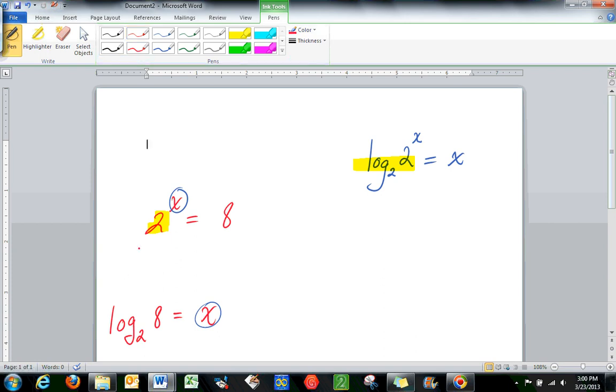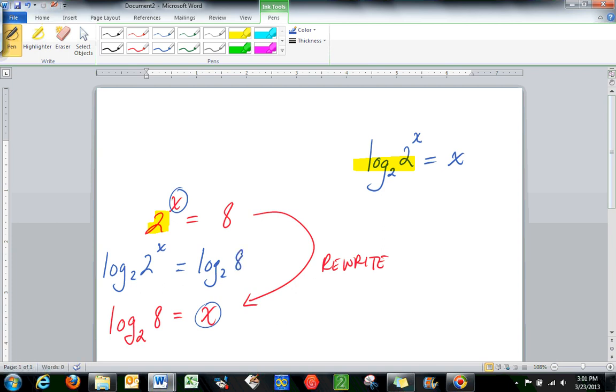So the property that allows us to rewrite from an exponent to a log is the fact that if the log base and the argument are the same, it equals its exponent. So I can actually change this to log base 2 of 2 to the x equals log base 2 of 8.